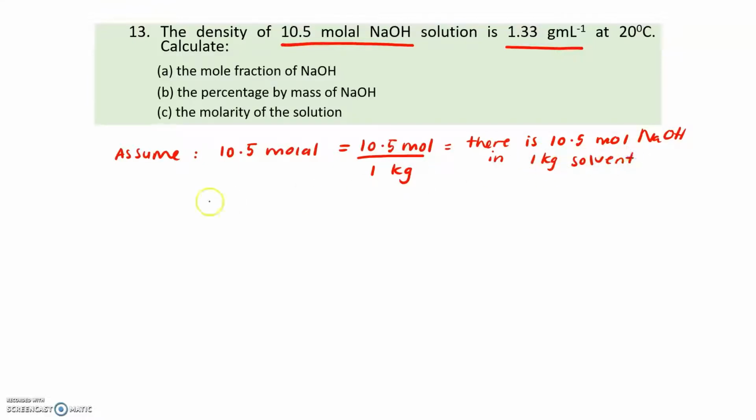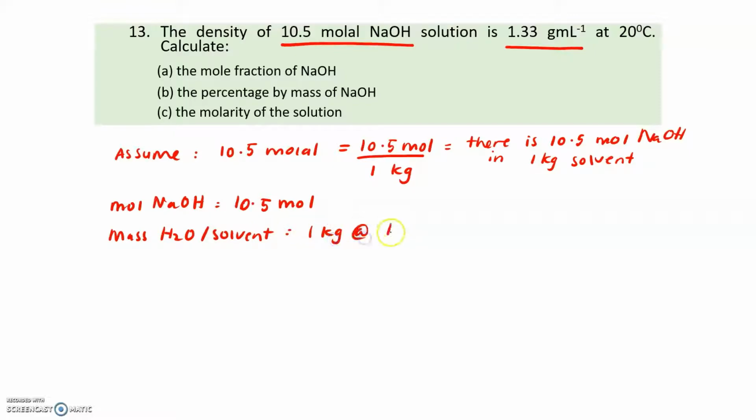So from this assumption, we can get information about mole of solute, or mole of sodium hydroxide, that is 10.5 mole, and mass of solvent, or water, that is 1 kg or 1000 gram.